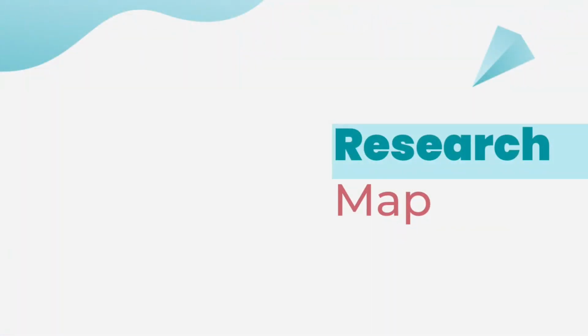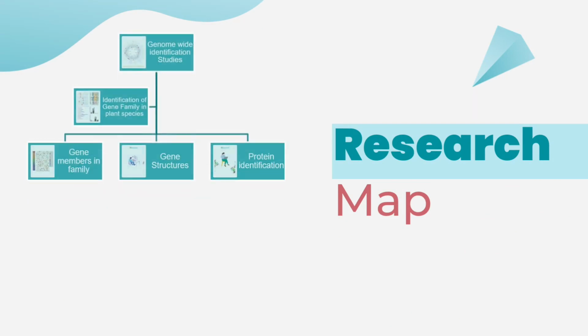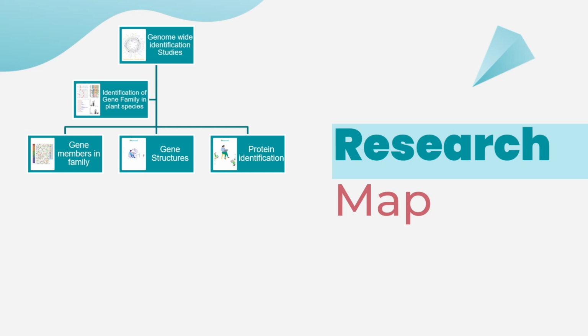What is going to be our research map, what is going to be the main analysis of this research? Like the taxonomy that I showed you earlier, basically we are studying genome-wide identification. So we are going to identify a gene family, and which gene family we are going to discuss is coming in the next lecture as well.